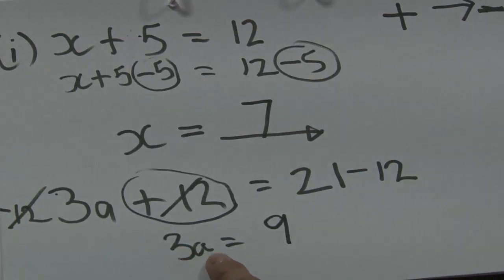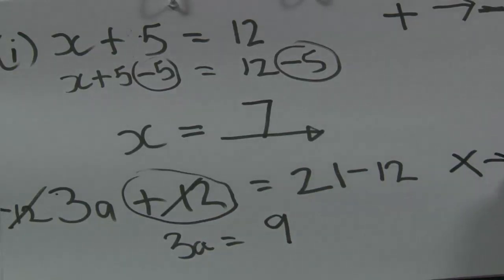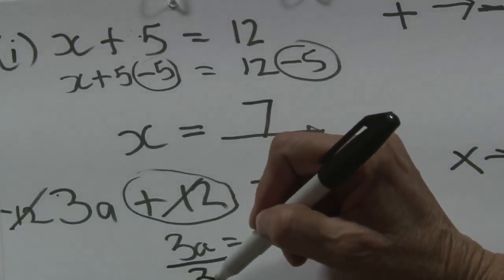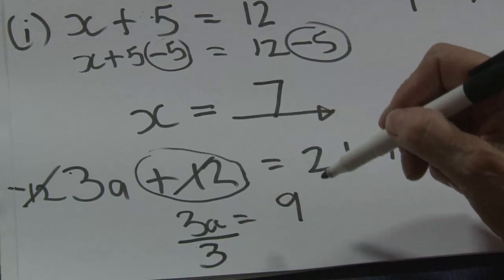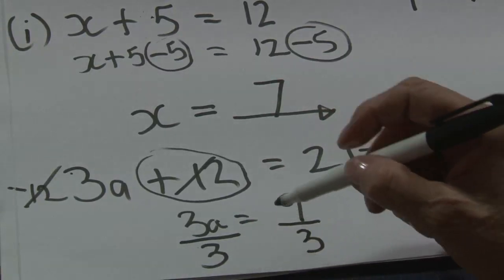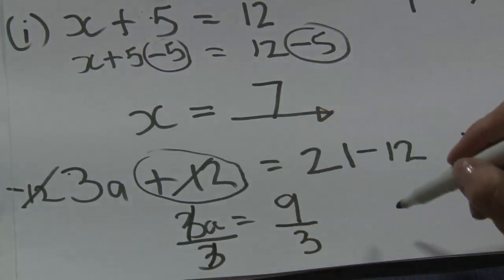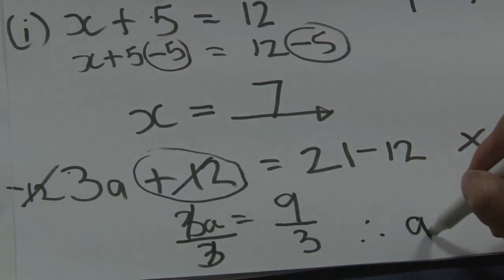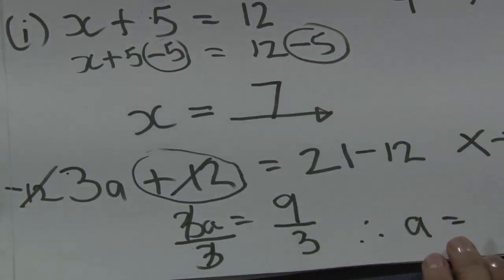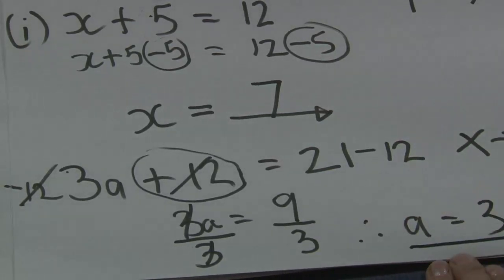Now I have multiplication. 3 times a is 9. I use the opposite calculation for multiplication, which is division. I divide by 3. What I do on this side, I do on the other side. Cancel, cancel. So a is equal to 9 divided by 3, which is 3.